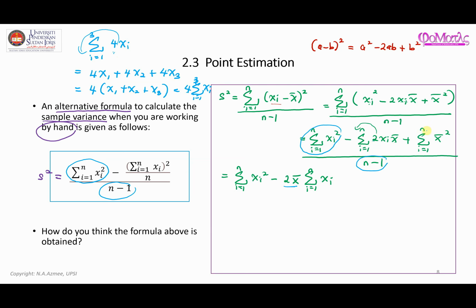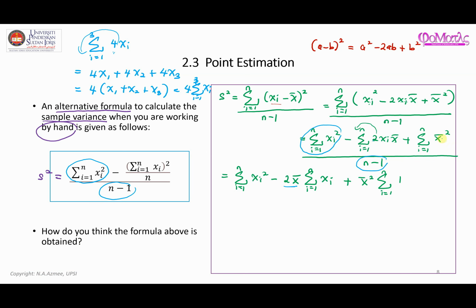Now for this one here, okay, if you can see the x bar squared here is also a constant which doesn't depend on i anymore. So if you take that out, if you factor that out, I'm sure you can figure out that it will become x bar squared. So what is left here is going to be equal to 1.